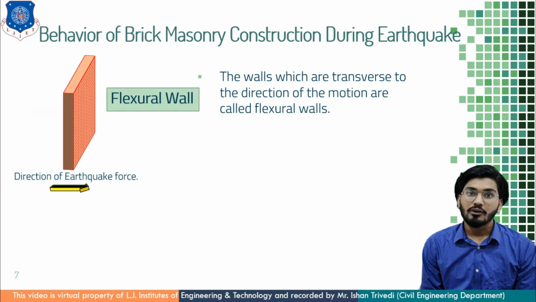That is called a flexural wall. Understand? This toppling down, or you can say weak wall, is called a flexural wall. Clear? Where the earthquake force is transverse to the wall. So the wall is transverse to the earthquake force, and that is called a flexural wall.